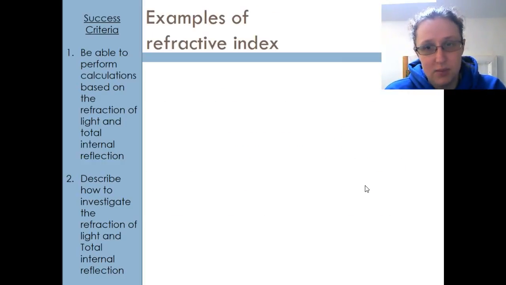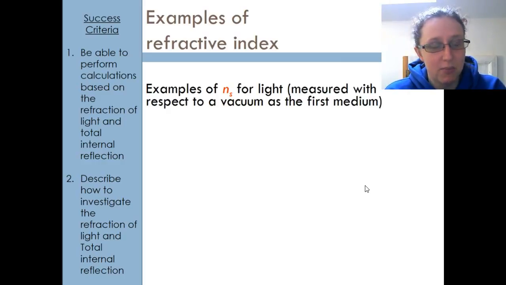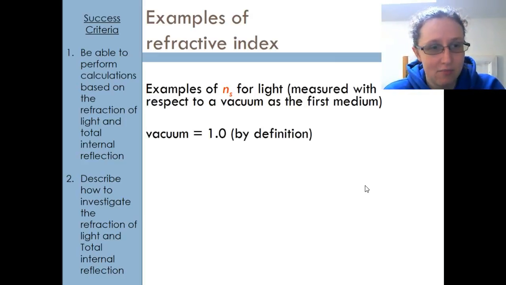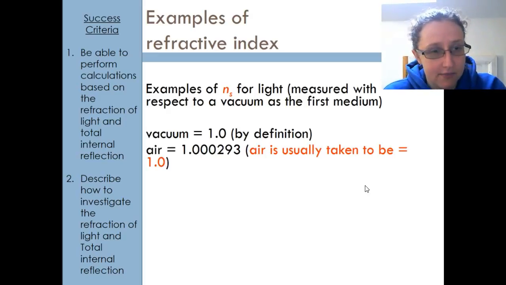So to give you some examples. This is when we measure it with respect to vacuum, which is pretty much what we always do. If you quoted an n value, it will have been with respect to the vacuum. So vacuum is going to have an n value of 1, because it should. Air is going to be 1.000293, so basically we say 1, which is, from that ratio, you can see why we're okay using 3 times 10 to the 8 for the speed of light in air as well as vacuum.